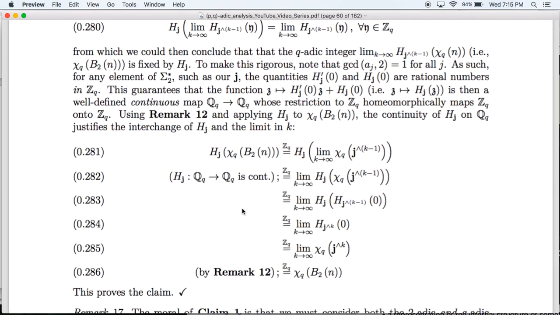For the multidimensional case, the way I did it in my dissertation was by working with vectors instead of scalars. So instead of bold J being a sequence of numbers, it would be a sequence of tuples.